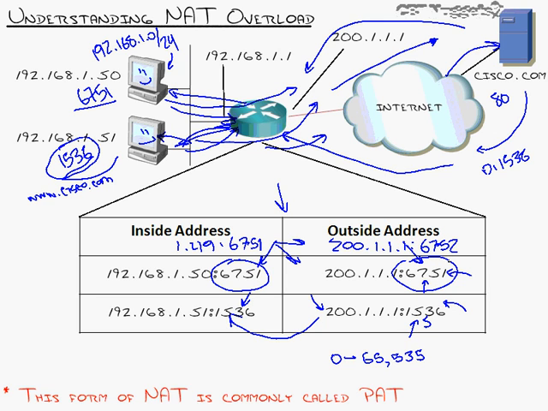Seems too simple, right? But that's all it does. It just takes the next available port number, and now when the communication comes back to 6752, it says, oh, well, I'll translate that port. Now you see why we call it PAT, port address translation. I'll translate that port back to the original that was sent from the client, 6751.